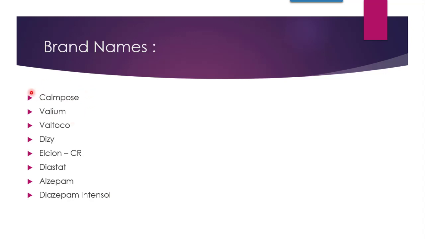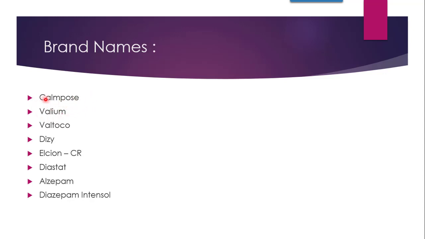These are really very important brands as per the evaluation of the question papers, whatever examinations have been done previously. In those examinations, they have specifically asked about these brands. Give the name of the drug which exists under the following brand names. Calpose also there was a question, and Valium also there was a question.